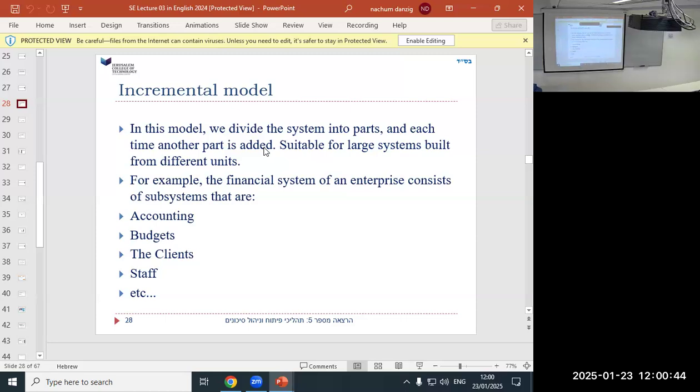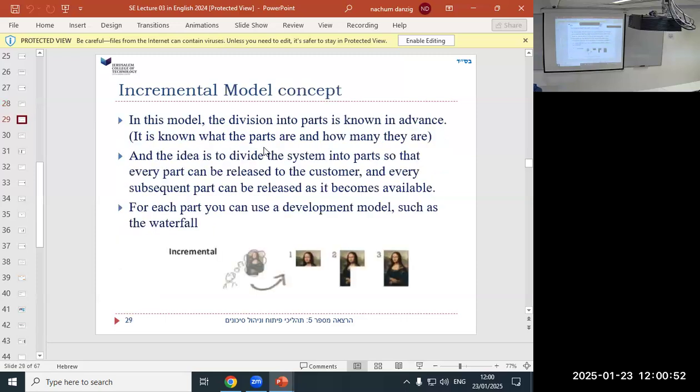It doesn't say that each module is functional. The division into parts is known in advance, well, we have that. The idea is to divide the system into its parts so that every part can be released, oh no, I'm wrong, can be released to the customer. And every subsequent part can be released as it becomes available. So you're right, I take it back.